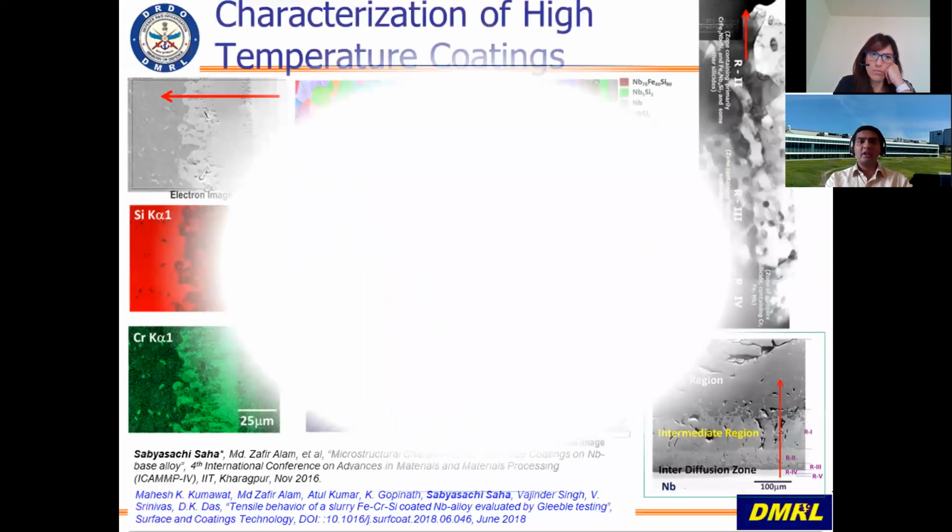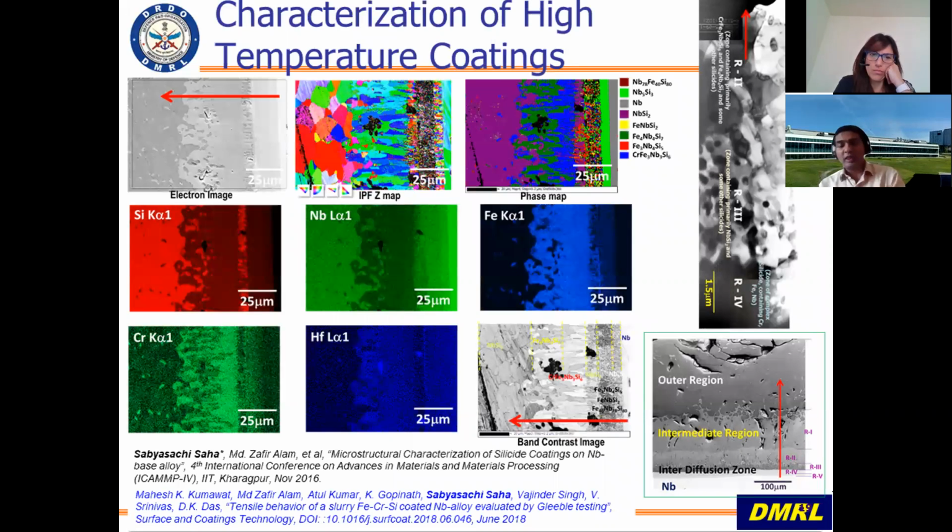Then coming to some other works, where we need to look at the material with different kinds of techniques to correlate the final microstructure with the properties. This is showing one coating cross section. This is again another complicated system that I was studying because of the large number of phases present.